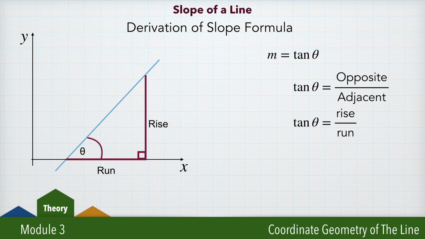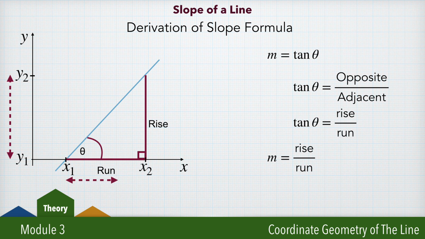As these sides are horizontal and vertical lines, the lengths can be read directly from the axis. The length of the rise of the triangle is the difference in the y-coordinates, and the length of the run is the difference in the x-coordinates. This gives us the formula for slope, where the slope is equal to y2 minus y1 over x2 minus x1.